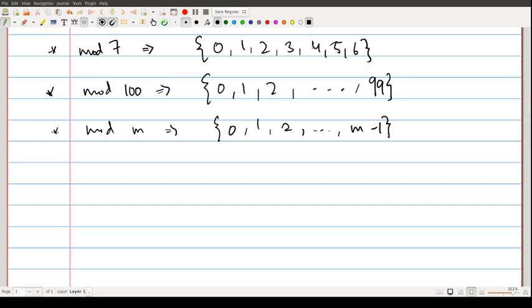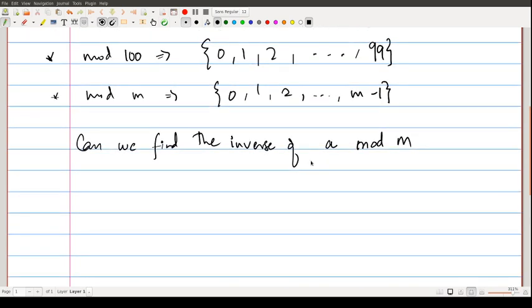And the other method, of course, that we talked about was to talk about the inverse, right? So if we can find the inverse of a mod m, let's say the inverse exists, so a inverse times a is congruent to 1 mod m.